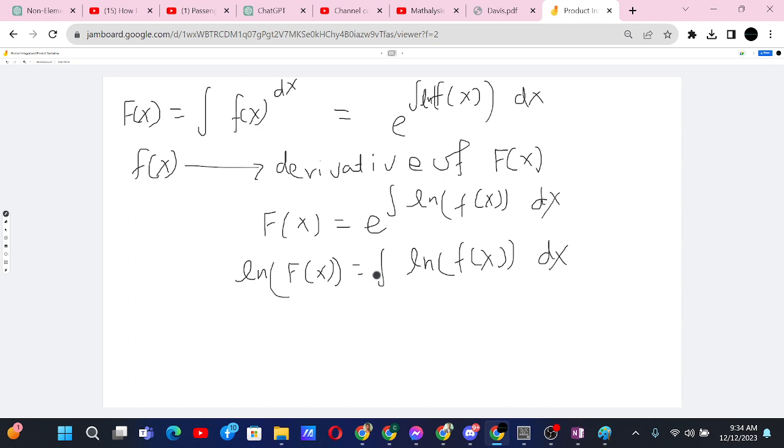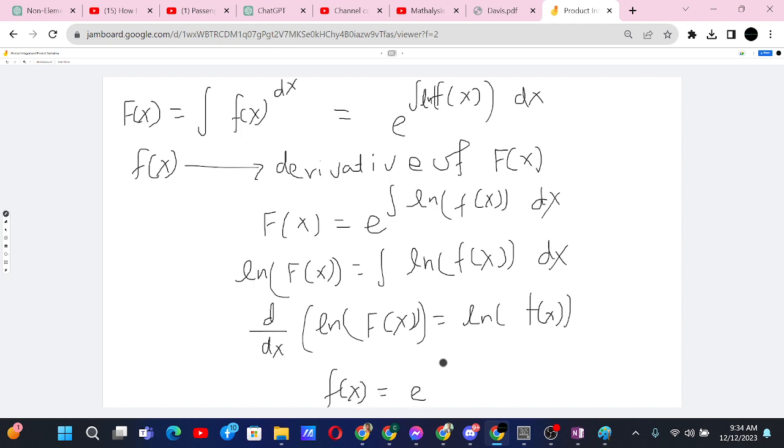Now the normal integral will go to the other side as a normal derivative, and that will be ln of small f x. Now small f x will just be e to the power derivative of ln of capital F x.